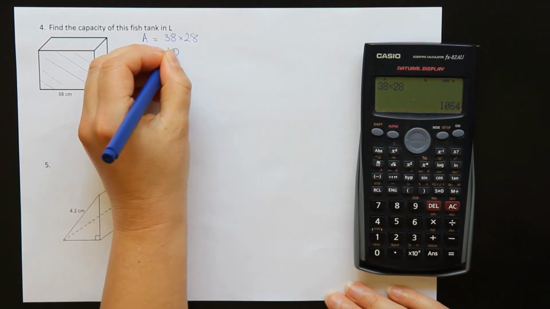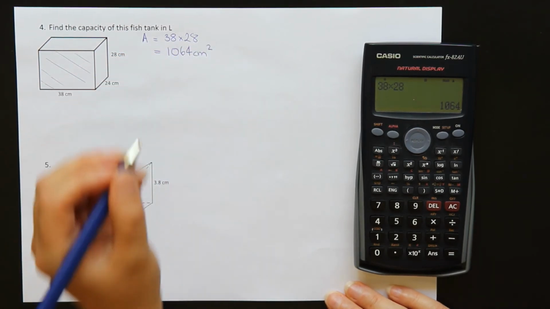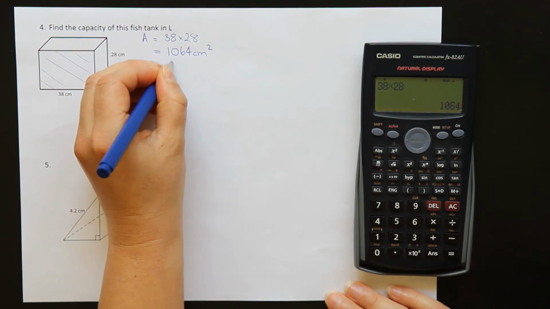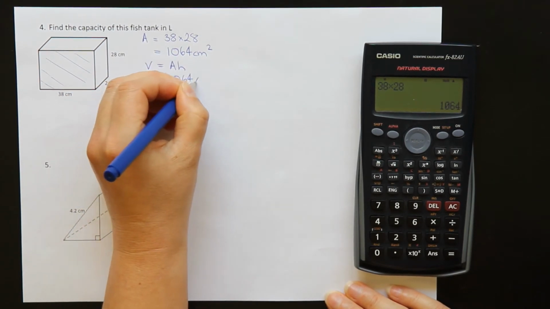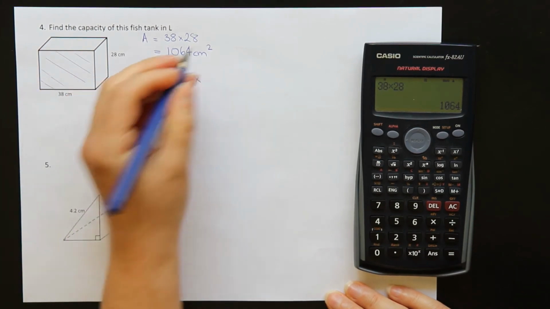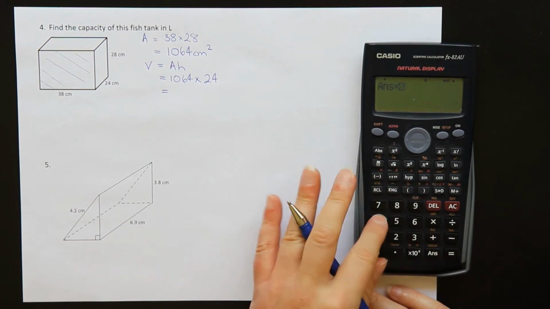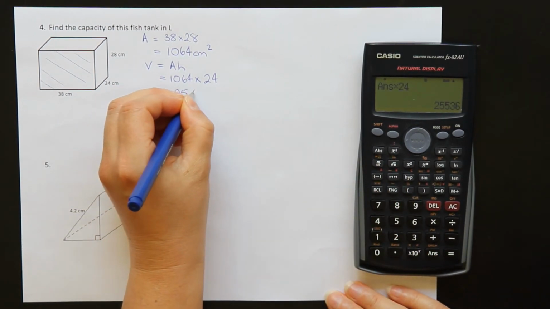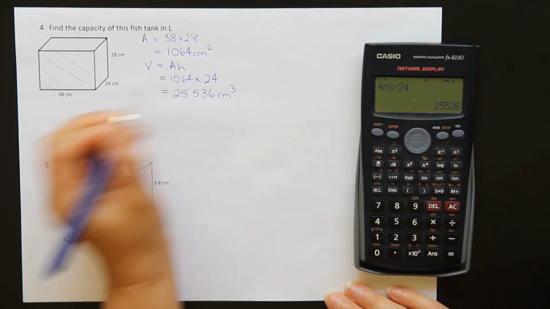So 1064 centimeters squared. Then we can find the volume, which is V is equal to AH. The area was 1064. We times that by the height going back, which was 24. 25,536 centimeters cubed.